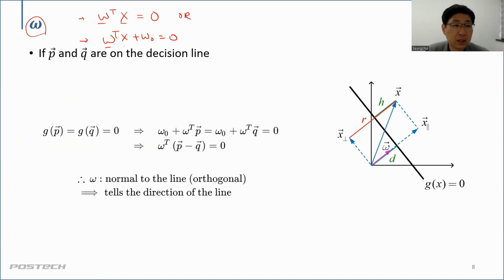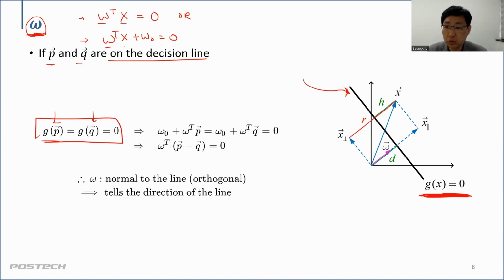With that, I want you to see the meaning of vector omega. Suppose we have two vectors or points P and Q on the decision line over here. Since P and Q are located on top of the decision line, they should satisfy that linear equation or constraint.